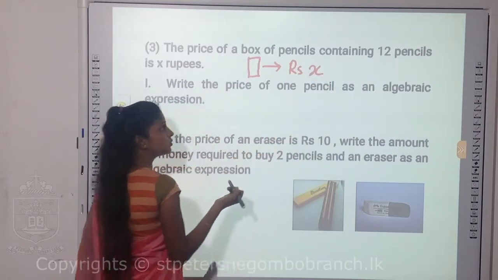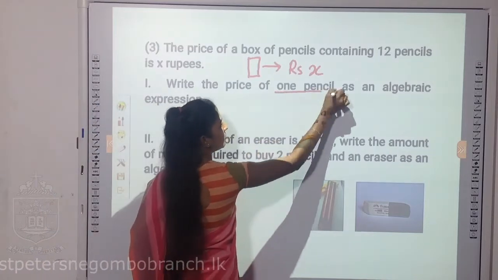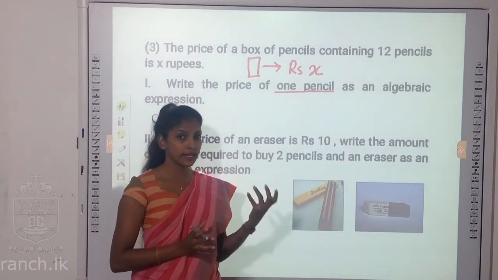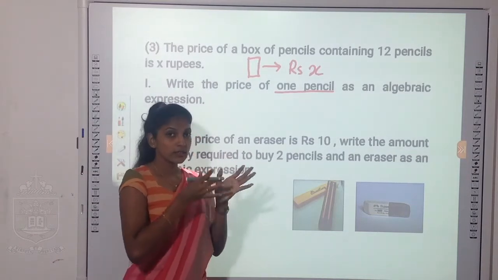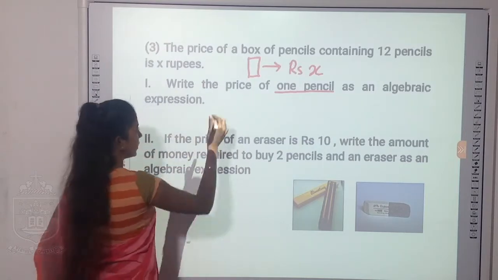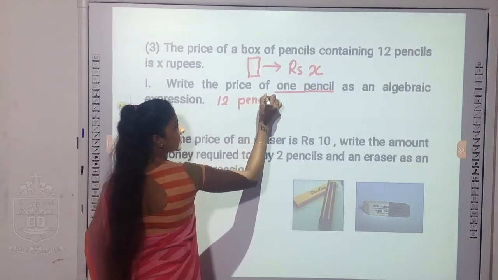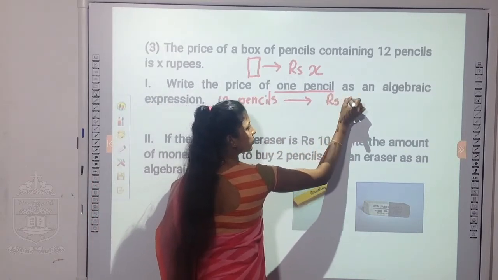You have to find the price of one pencil. So you know that altogether there are 12 pencils inside the box which cost X rupees. Like this, 12 pencils cost X rupees.